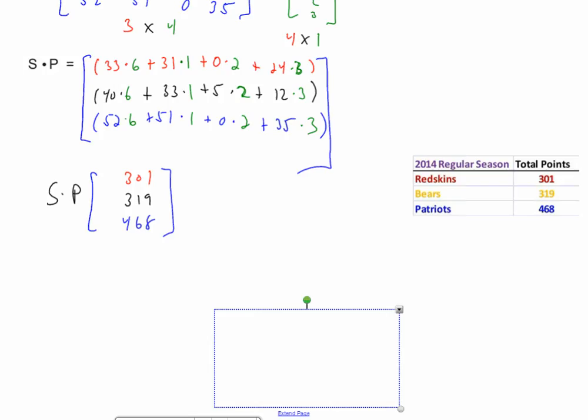The Skins had 301, the Bears had 319, and the Patriots had 468. And it makes sense. That's what we were doing. We were taking what they did in each category and multiplying it times the number of points for that category. And we accomplished that by multiplying the matrices. And that's what happens in real life.